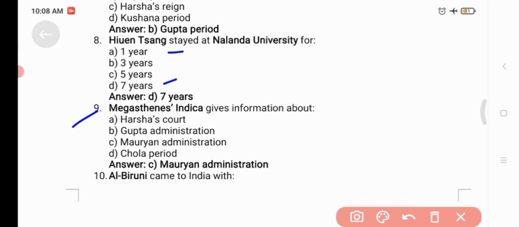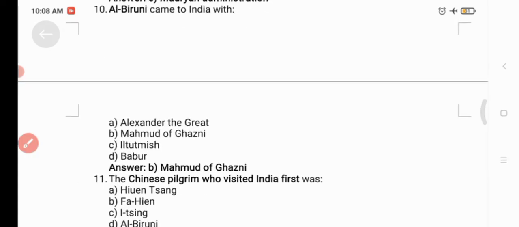Megasthenes' Indica gives information about option C, Mauryan administration. Al-Biruni came to India with option B, Mahmud of Ghazni.